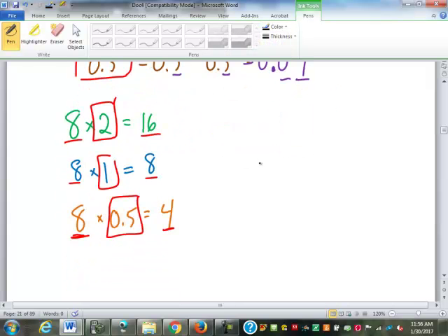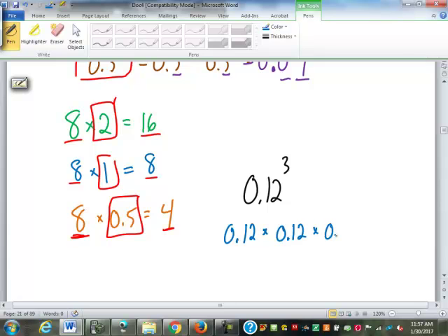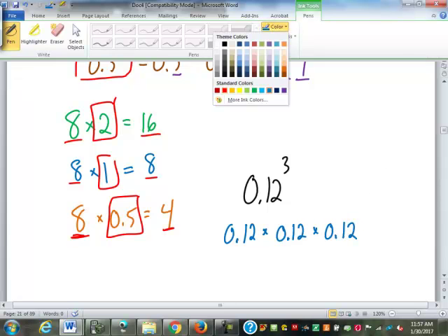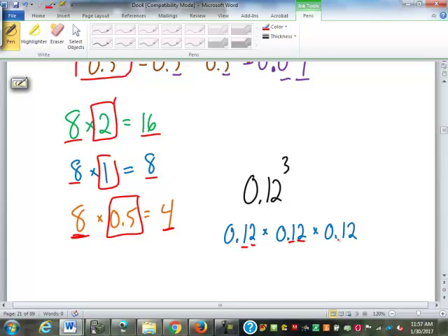So if I have 0.12 to the power of 3, first, can you tell me how many decimal places am I expecting this to have? Six. Perfect. 1, 2, 3, 4, 5, 6.